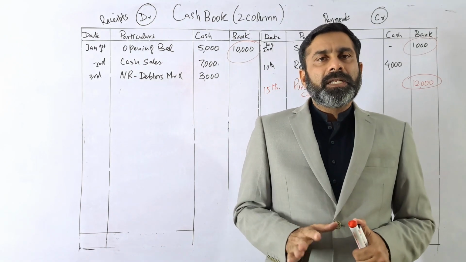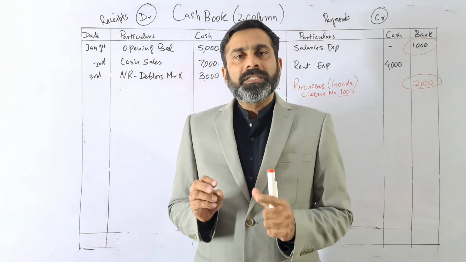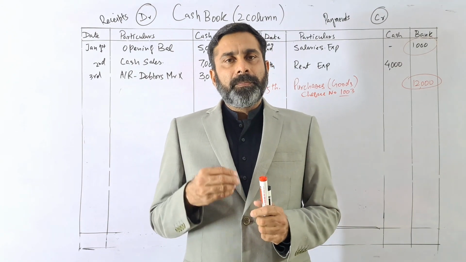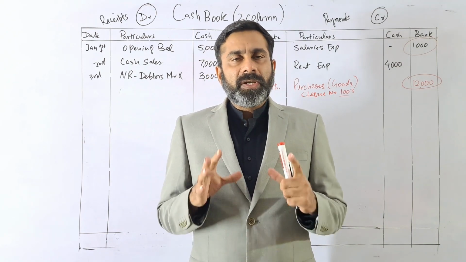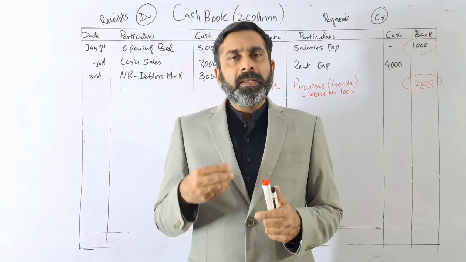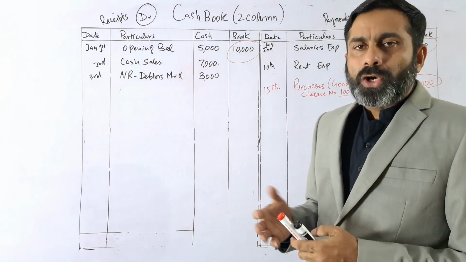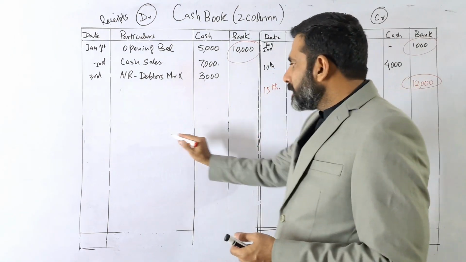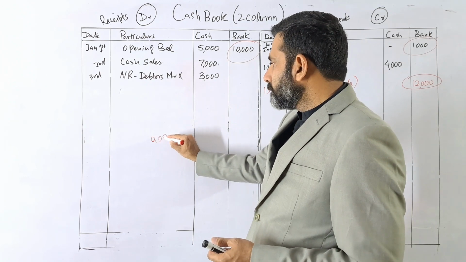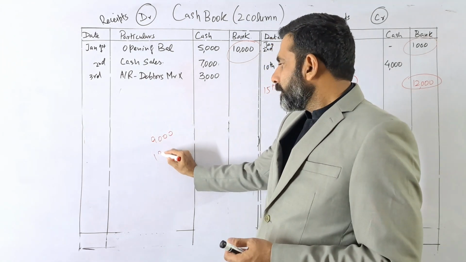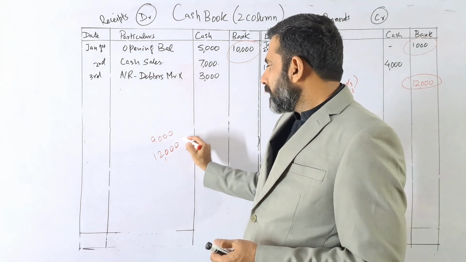In normal circumstances, this $12,000 check will be bounced, or dishonored, because we have a balance of $9,000 but you are issuing a check of $12,000.